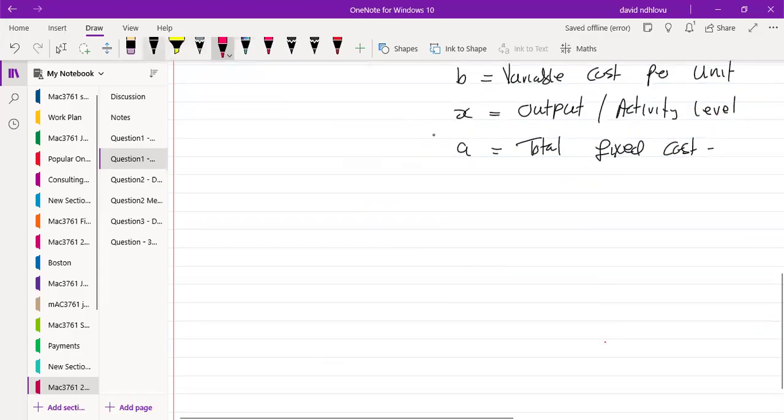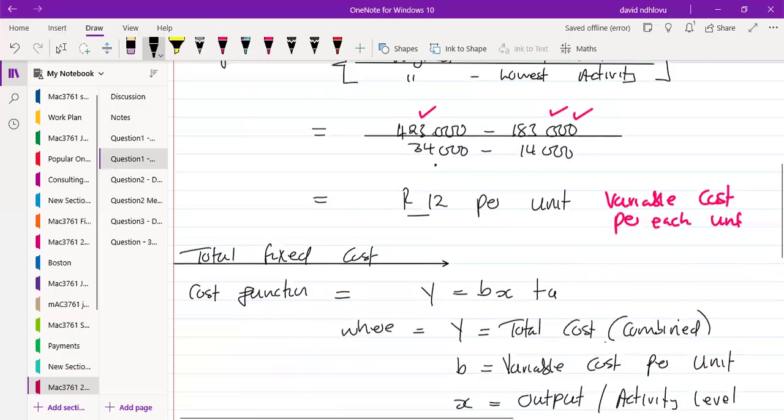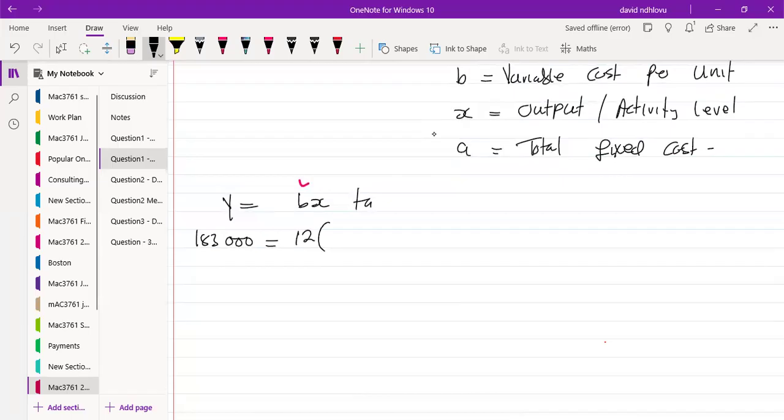So therefore, remember our formula is y is equal to bx plus a. 183,000 is the total combined cost. 12 rand is the variable cost per unit. x is the output, and we are saying at a cost level of 183,000, the output will be 14,000 units. So therefore, we multiply by 14,000 here, all of that plus a. We don't have a, we are looking for a. So we need to make a the subject of the formula.